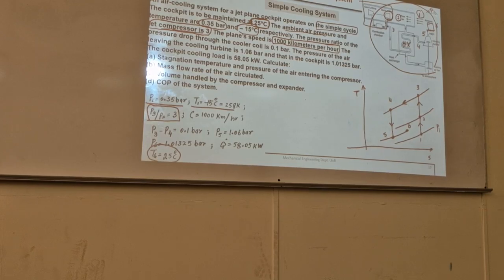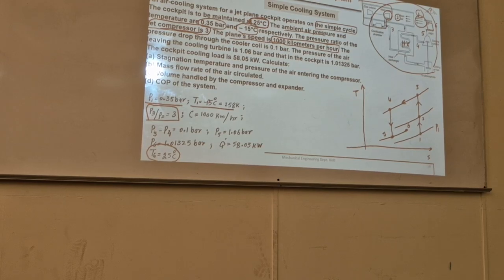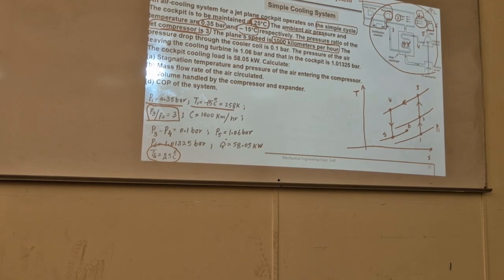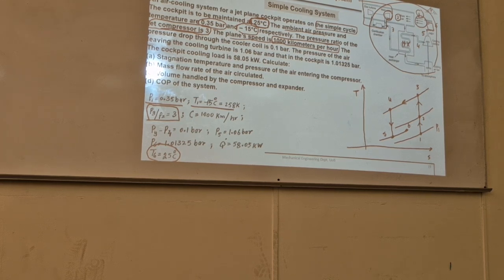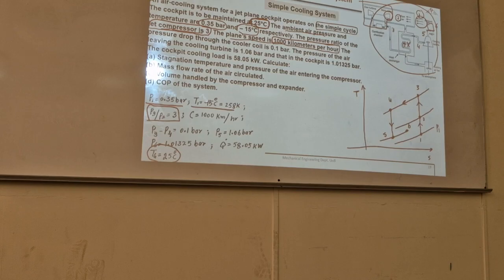Before this, point 1. The velocity with which the air is entering. The plane speed is 1000 kilometers per hour, so it means air entering into the airplane is at this speed, 1000 kilometers per hour.